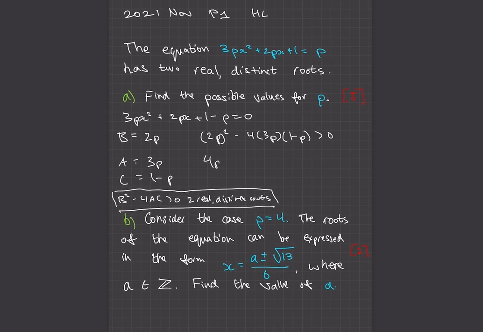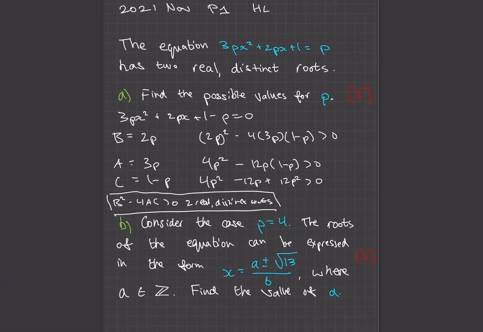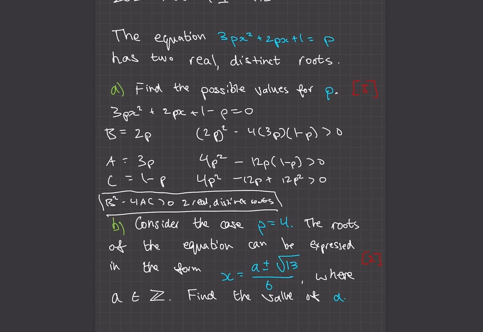So that's 4p squared minus 12p times (1 minus p), which is 4p squared minus 12p plus 12p squared. It's greater than 0, so that's 16p squared minus 12p.